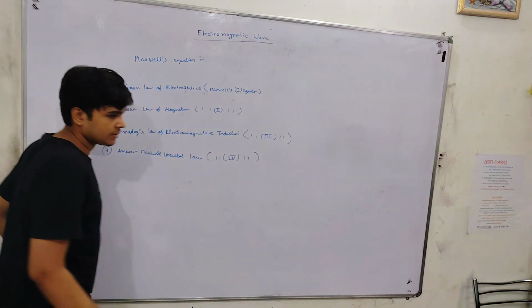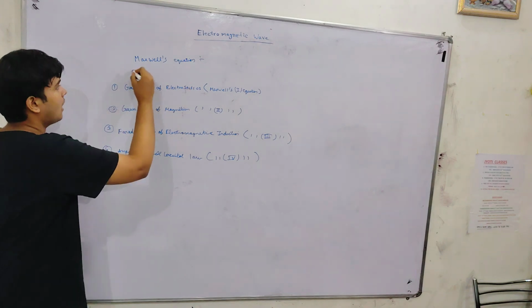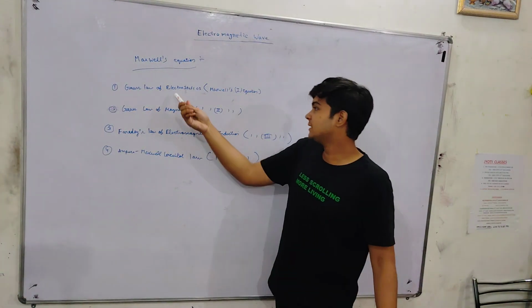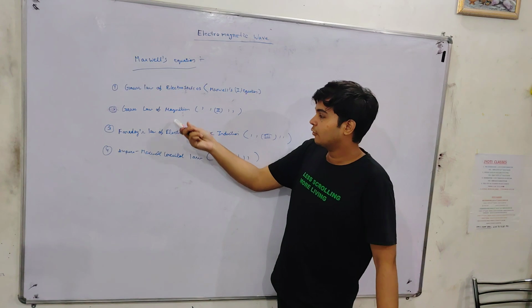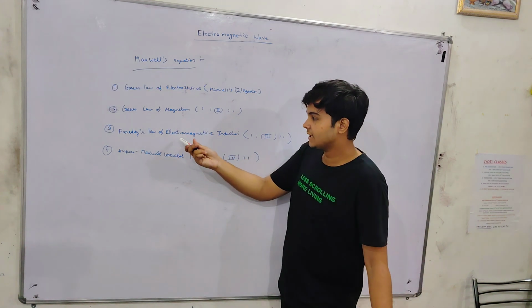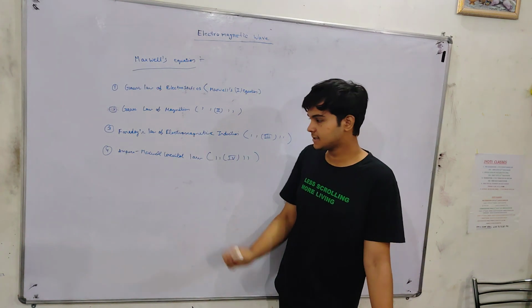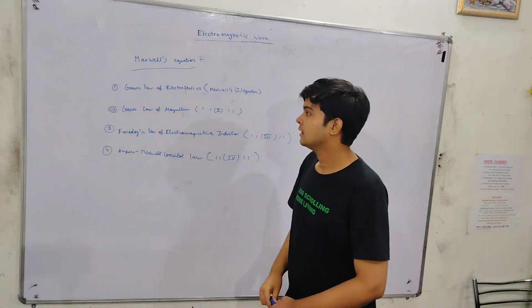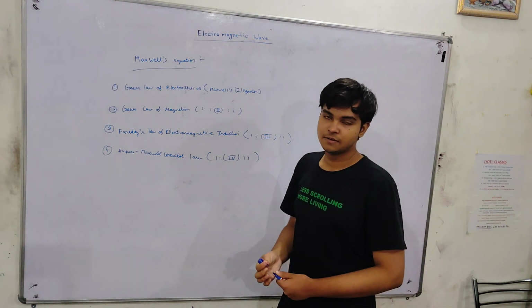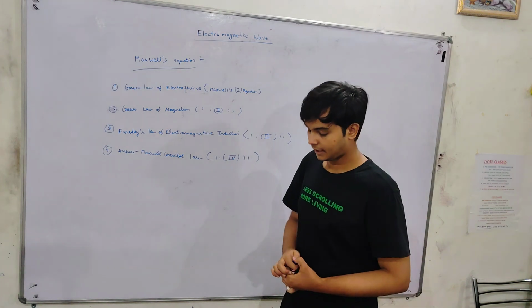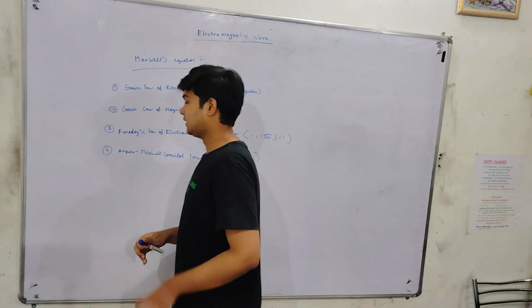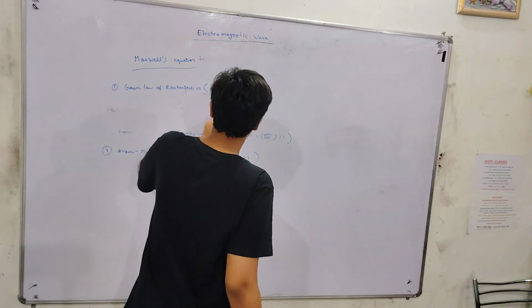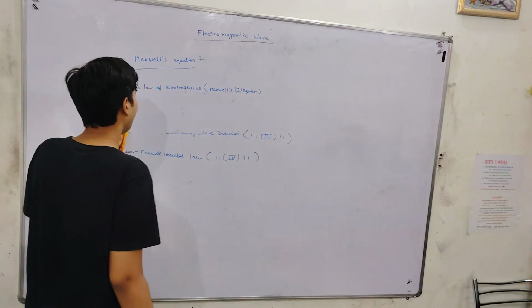This was the fourth equation. These 4 equations are on the term of electric and magnetic fields. We have studied this in chapter 1, chapter 4, chapter 6 electromagnetic induction, and Ampere Maxwell circuital law in chapter 4 only. All these equations were based on the change in electric and magnetic field only. First we are going to learn about Maxwell's first equation, which is known as Gauss law of electrostatics.